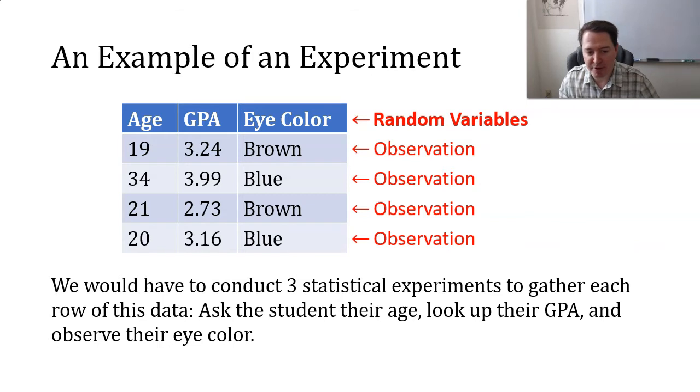So remember, there's a significant difference between the actual data, which are observations, and the random variables. And what did I need to do to actually get this data for eye color? I needed to actually either just look or ask people their eye color. Same thing for ages. I would need to actually do that experiment to get an observation. So that's how these three words, random variable, observation, experiment, are related.